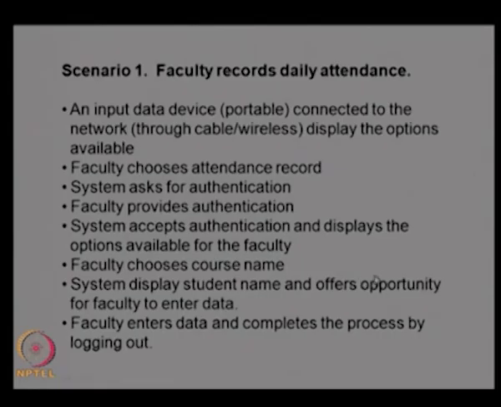Only then can the faculty record the data. Then faculty enters data. Again, we need to have some facility for the faculty to enter the data into the system. So these are all the requirements which can be identified from this particular scenario.